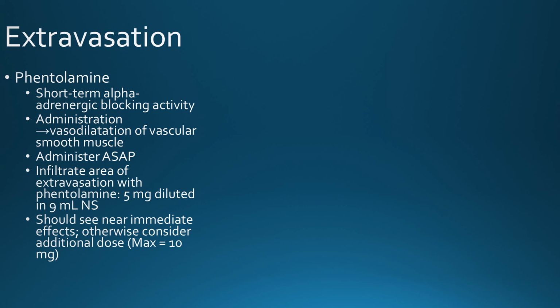Phentolamine has short-term adrenergic blocking activity, and its administration causes vasodilatation of the vascular smooth muscles. Administer ASAP: infiltrate the area of extravasation with phentolamine 5 mg diluted with 9 mL of normal saline. You should see a near immediate effect; otherwise consider an additional dose.